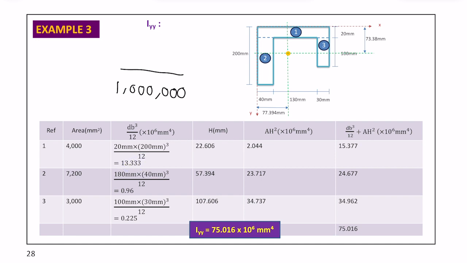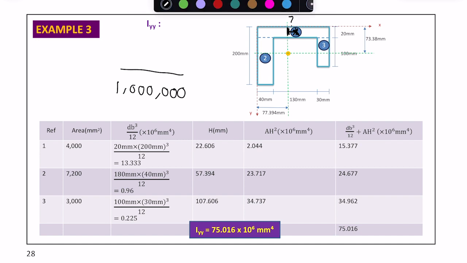Next, the value of H would be from the centroid of this section, around here, to the centroid of the whole section that we already marked. So that is the value that we need to find.